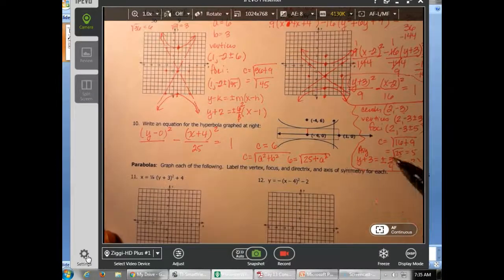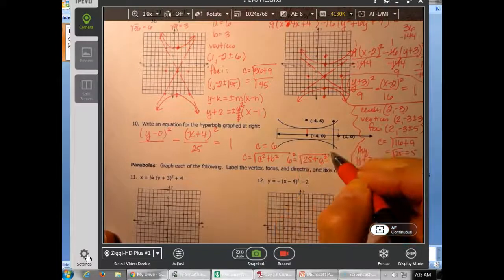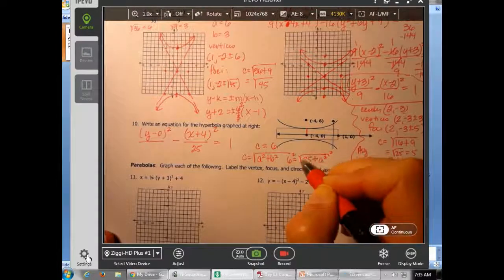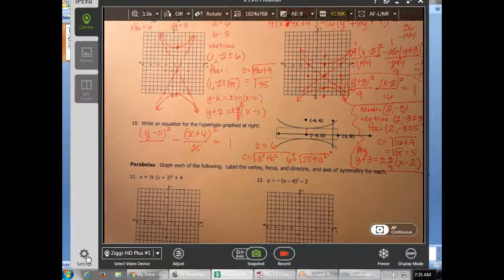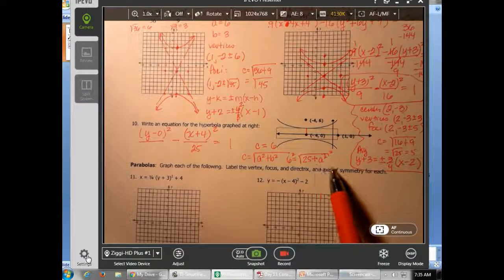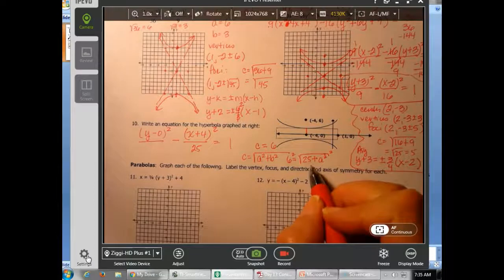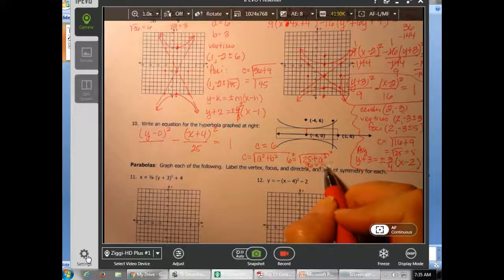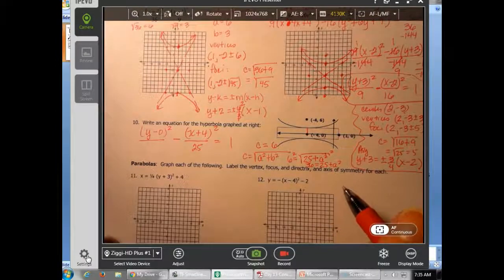So to solve for this, I'm going to square both sides to get rid of this square root symbol. So I end up with 36 is equal to 25 plus A squared. So if I subtract 25 from both sides, I'm going to end up with an A squared of 11.